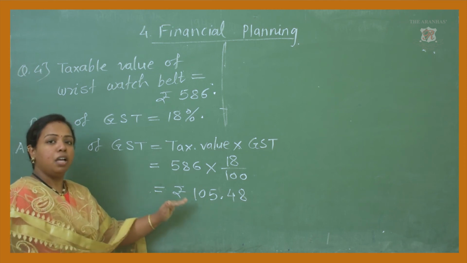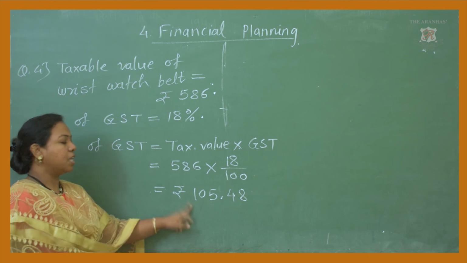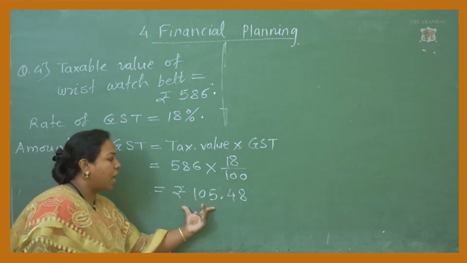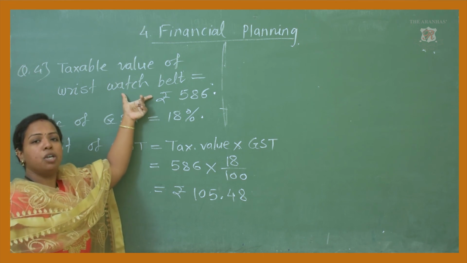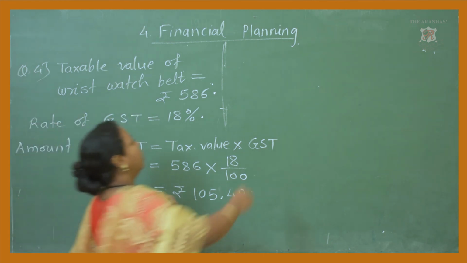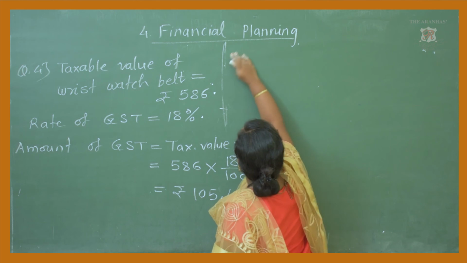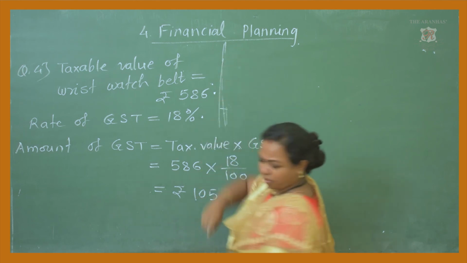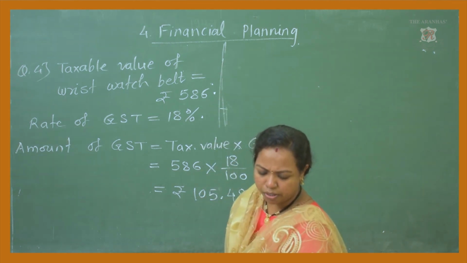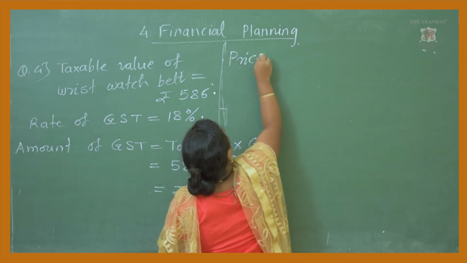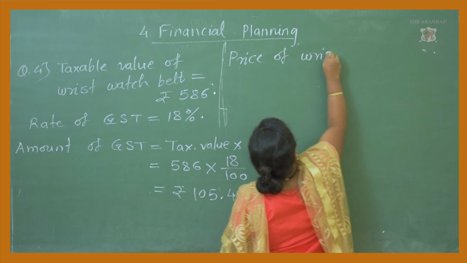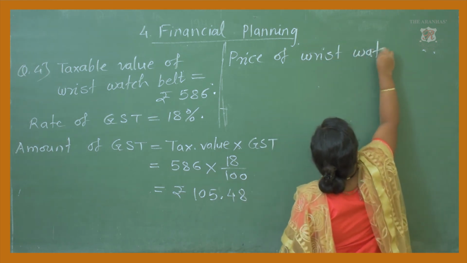This is not the wristwatch bill value. This is the amount of GST. This value we are going to add to the original price of the wristwatch belt. Then we get the total value, or we can say the price of the wristwatch belt.